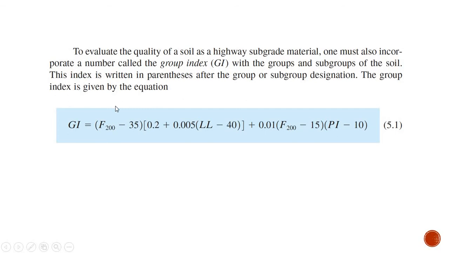The group index is given by the equation GI is equal to (percent passing sieve 200 minus 35) multiplied by [0.2 plus 0.005 multiplied by (liquid limit minus 40)] plus 0.01 multiplied by (percent passing sieve 200 minus 15) multiplied by (plasticity index minus 10).